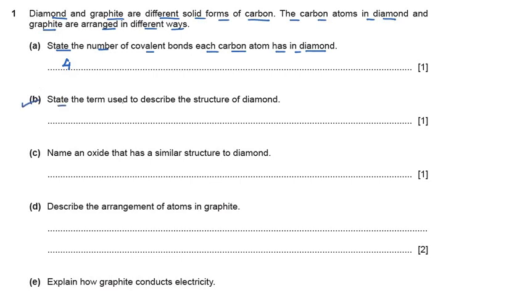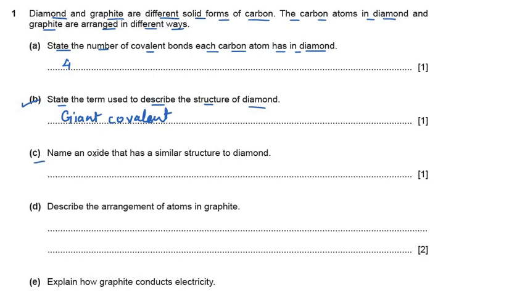It says, state the term used to describe the structure of diamond. Now it's already mentioned that the bonding in diamond is covalent bonding, so the structure is a giant covalent structure. You can also call it a macromolecular structure of diamond.